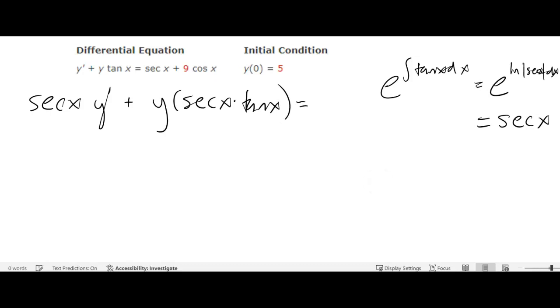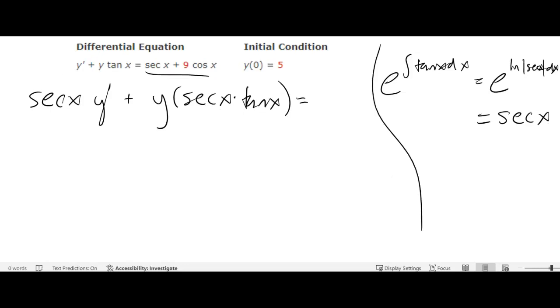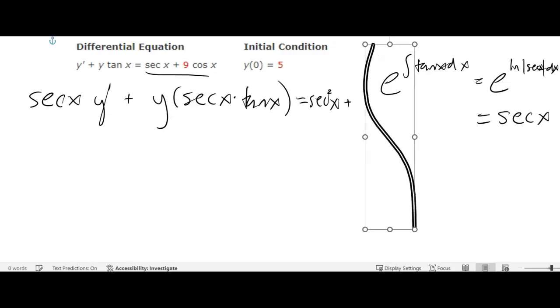And if I multiply everything here by secant x, I get secant squared x. And then cosine times the secant, those are reciprocal functions. So secant times cosine is 1. So that's just going to be 9.